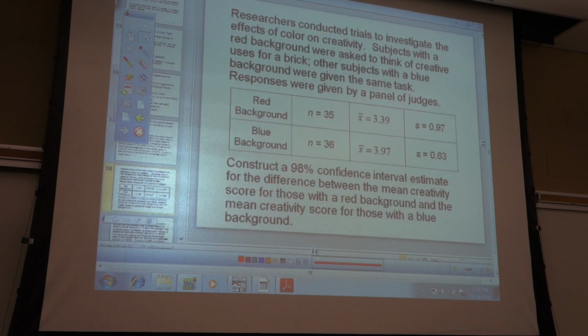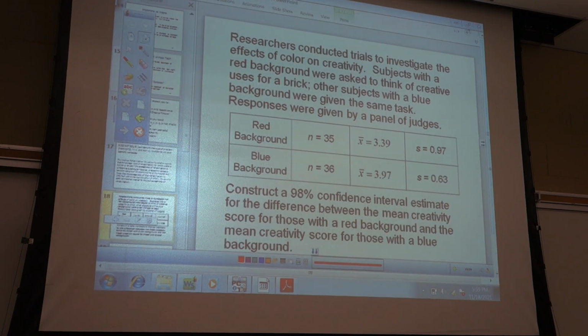Okay, so what is it? Is it a mean or proportion? Mean. How do you know? It says mean. It also has an X bar and an S. Everyone see that? Okay, so is this going to be a Z table or T table? T table. Degrees of freedom? 34. Yeah, take the smaller n, subtract 1, 34.